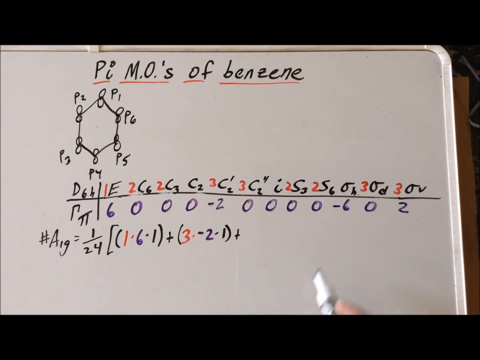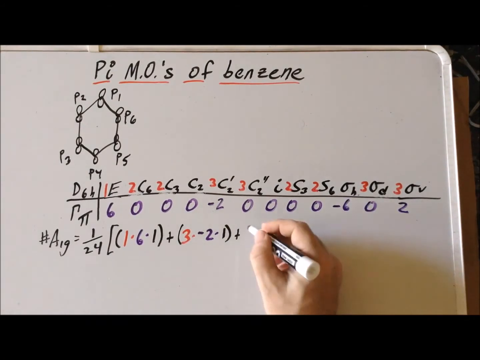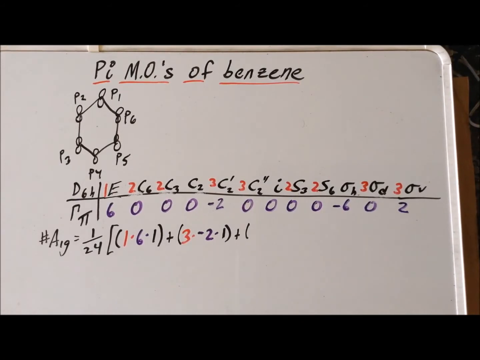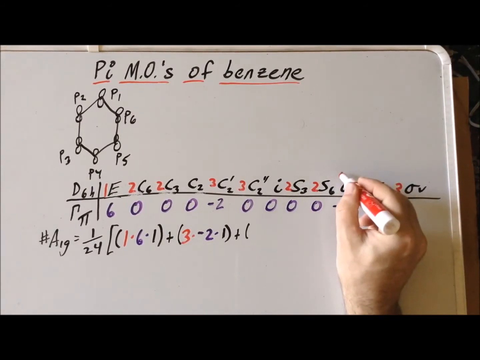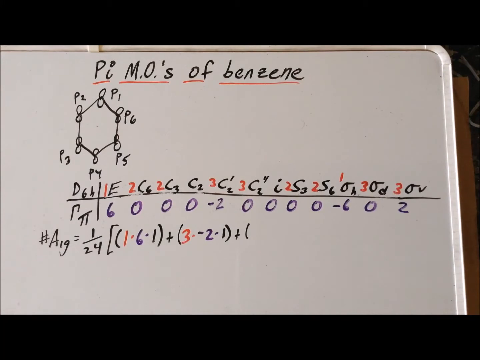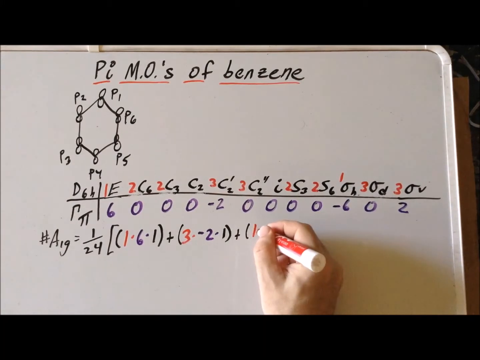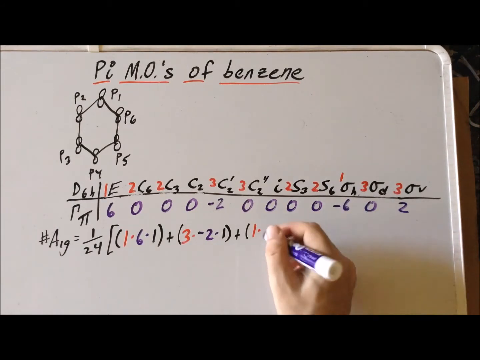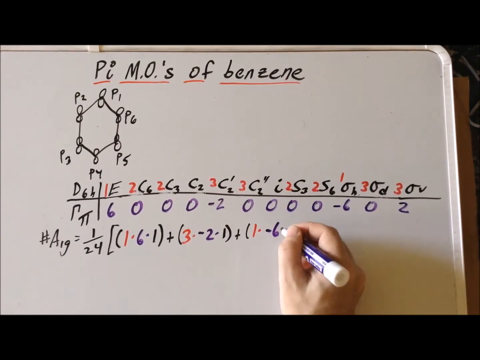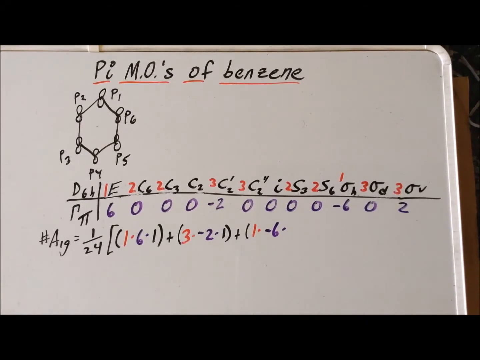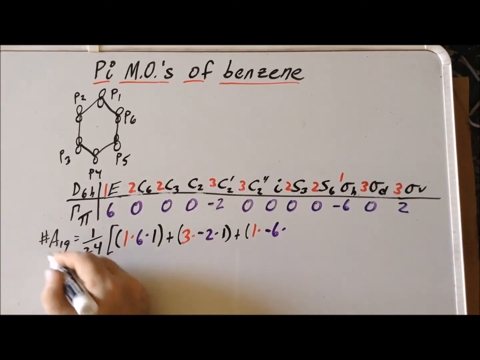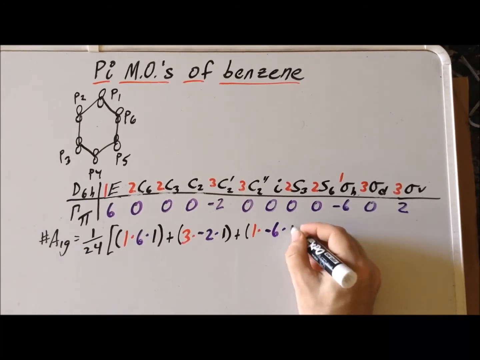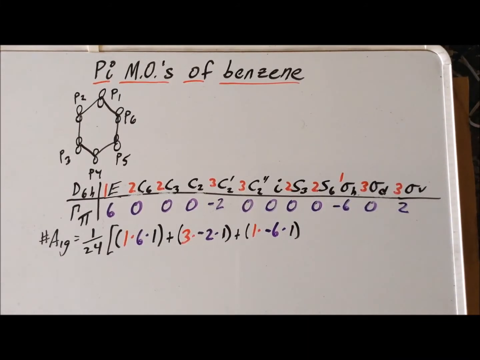Our next non-zero character is for the sigma-H operation. So again, whenever there isn't a coefficient, we can imagine that the coefficient is a 1. So there's one operation in the class. We multiply it by the character of the reducible representation, which is -6, and we're color coding that all the way through. And then the character for the irreducible representation, A1G, is a 1, which we get from consultation of the character table for D₆H.